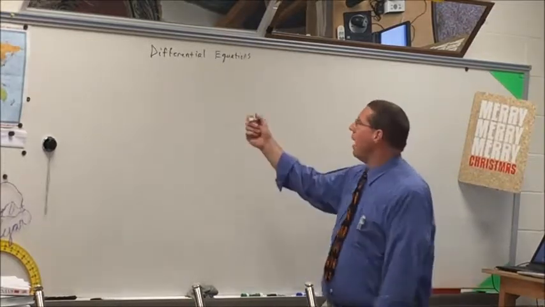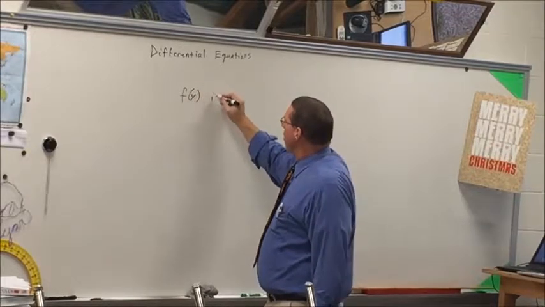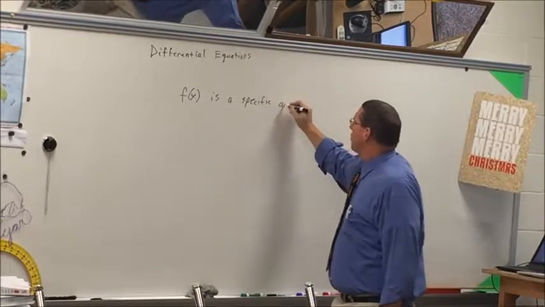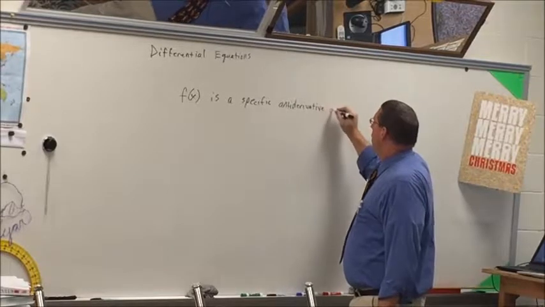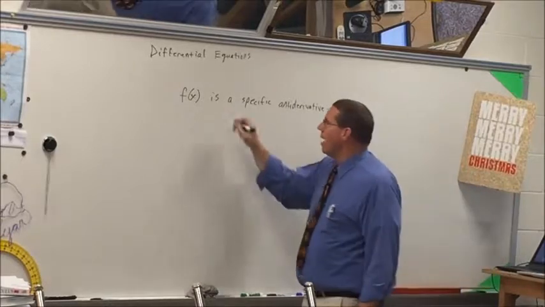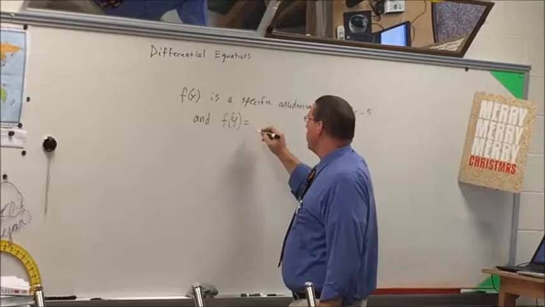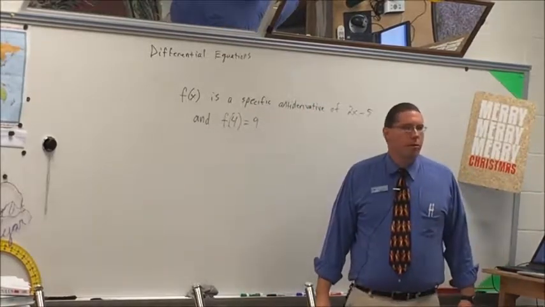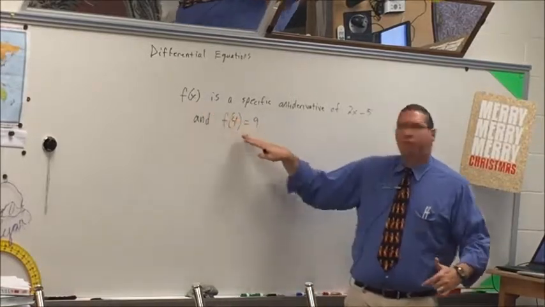Do you remember being told, hey, f of x is a specific antiderivative of 2x minus 5, and f of 4 equals 9? Do you remember what we had to do to find out what f of x is?